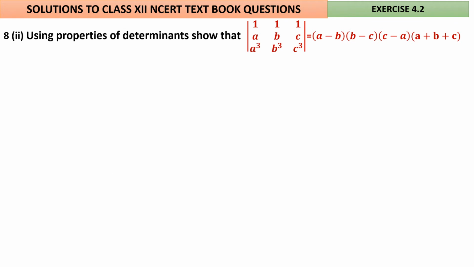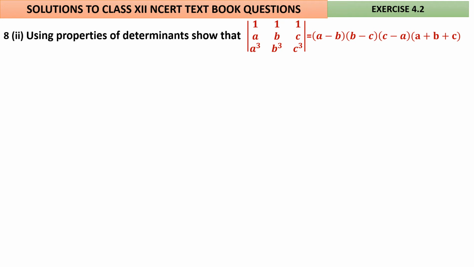Again, the same problem. The previous problem was a cubic expression, but this is an expression which gives you fourth degree. a minus b into b minus c into c minus a into a plus b plus c. Now as such, you should have a minus b outside, b minus c outside and c minus a outside, and expand it, you will get a plus b plus c.